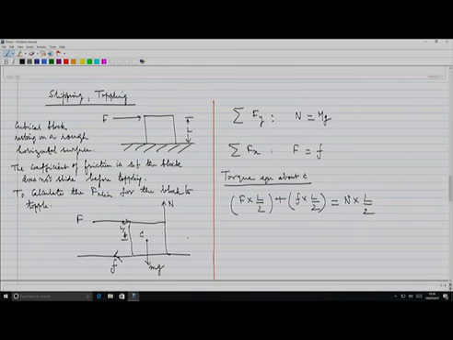So this distance is also L by 2. So this gives capital F plus frictional force f is equal to N. And we have got it earlier, capital F is equal to f, therefore 2F is equal to N. This implies F is equal to N by 2, and we have showed that N is mg. We already have it when we balance the forces along the y direction.